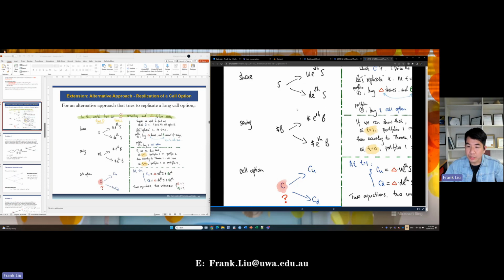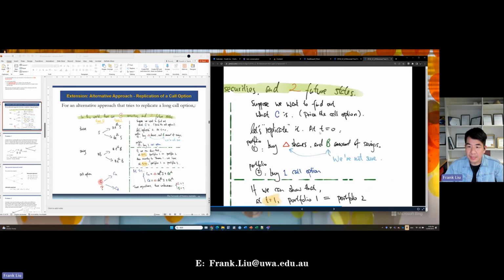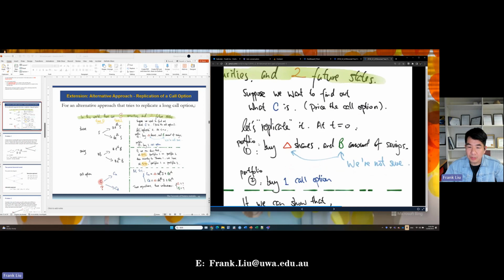Now we're trying to use the other 2 assets, share and savings, to replicate a call option. To replicate it, that means at time 0, I have 2 portfolios. Portfolio 1 is buying delta shares and B amount of savings. We don't know what delta and B are at this stage. And portfolio 2 is buying 1 call option.